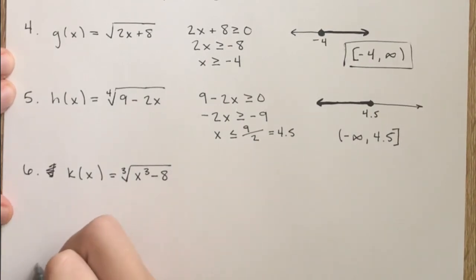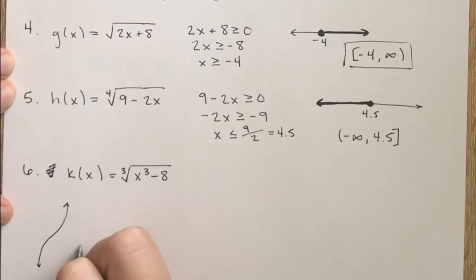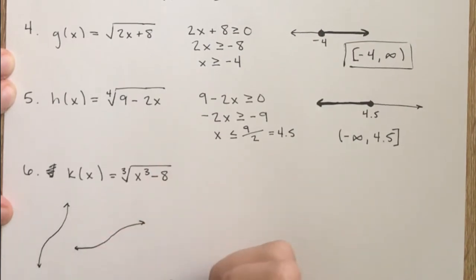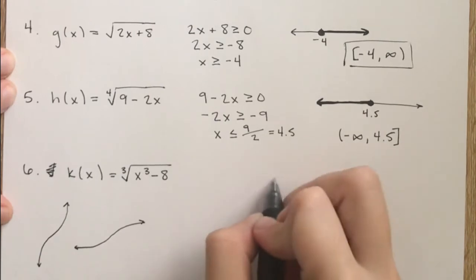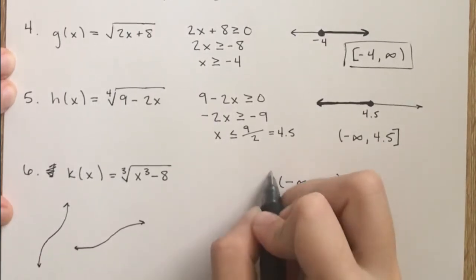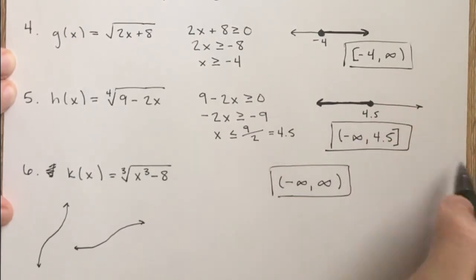Cubic functions look like this. Cube root functions look like this. And this guy has no domain issues. So we are totally fine. Domain of this is negative infinity to positive infinity. Oh, should square this guy too.